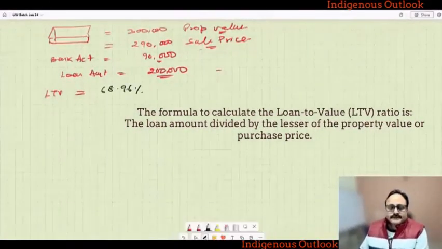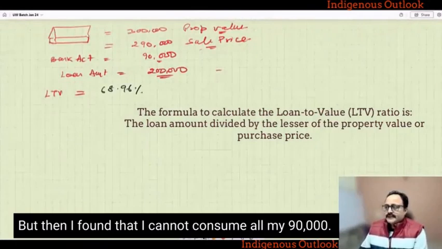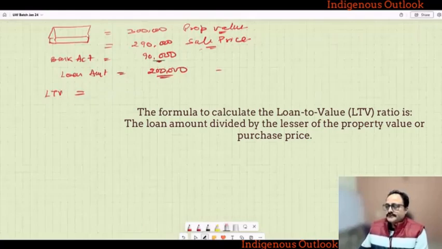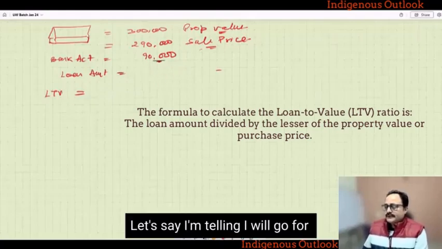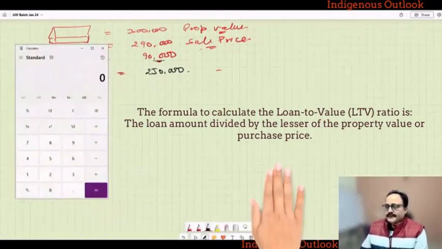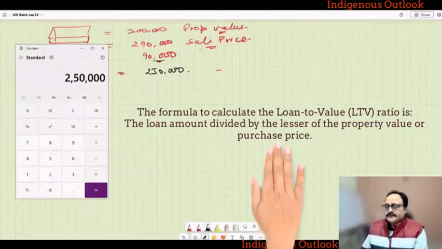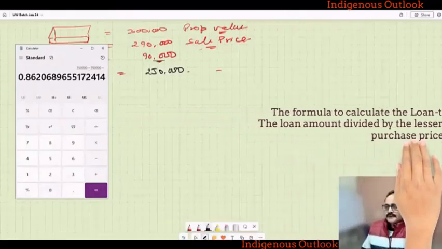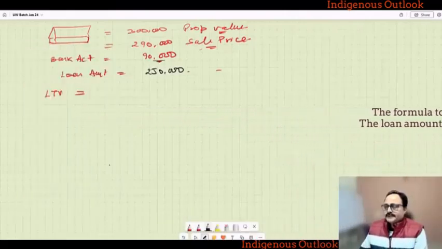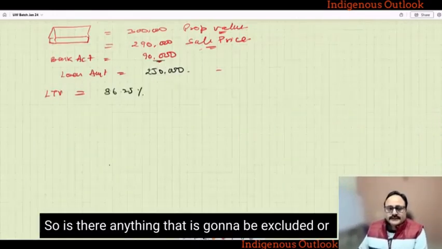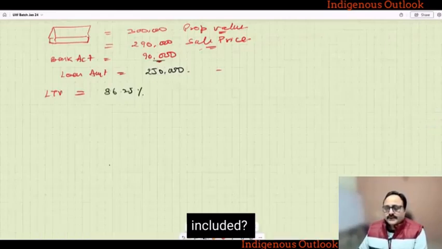68.96 is my LTV. But then I found that I cannot consume all my 90,000, so I need a higher loan. Let's say I go for a 250,000 loan amount. Now what is my LTV? 250,000 divided by 290,000 is 86.25. So is there anything that is going to be included?